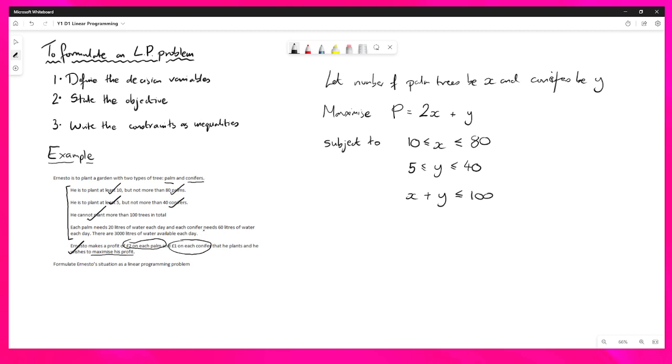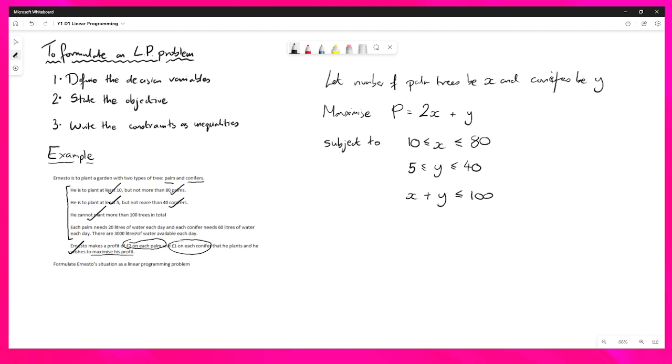And now we get a constraint that is very typical, by introducing a resource. So the amount of water that he gets every day is 3,000 litres of water. Each palm tree needs 20 litres of water. Each conifer needs 60 litres of water.